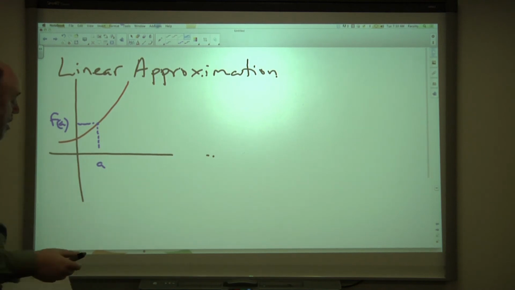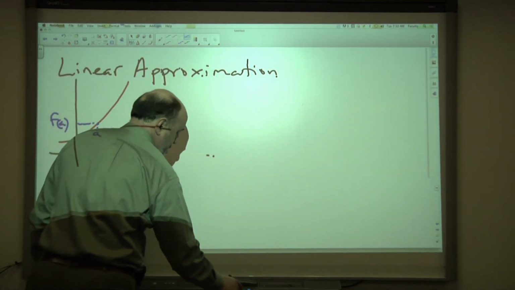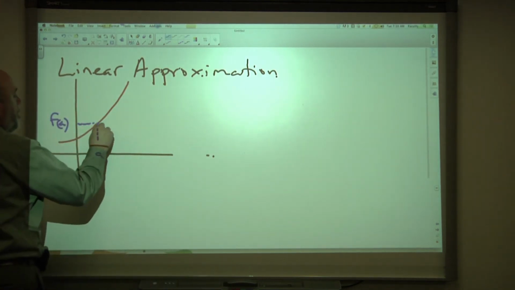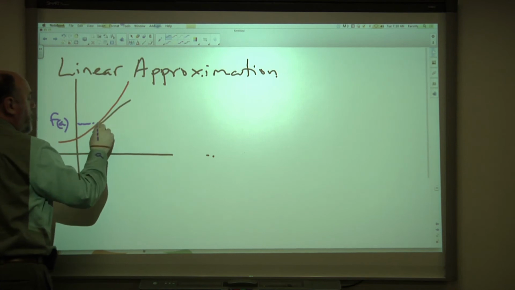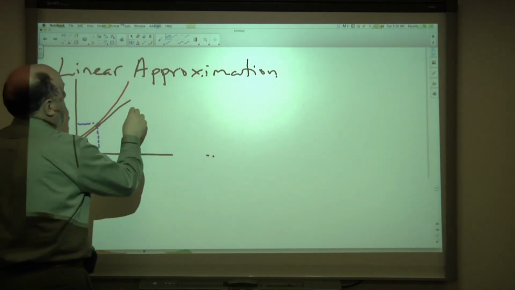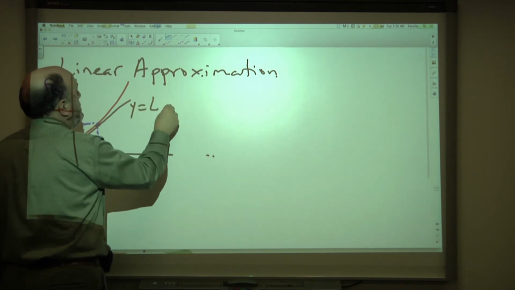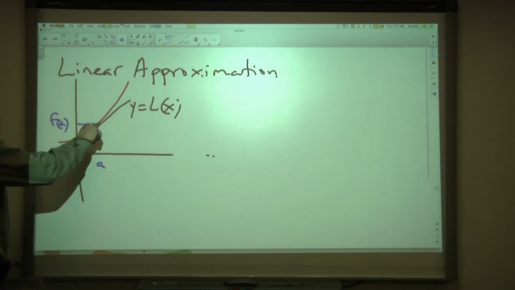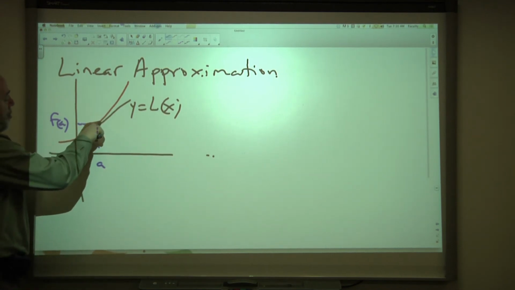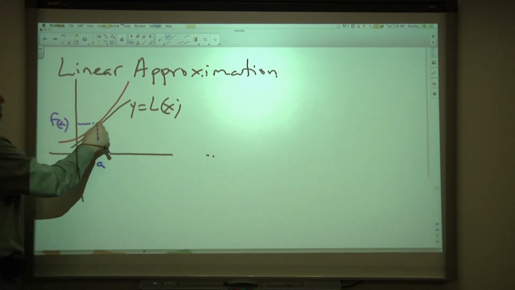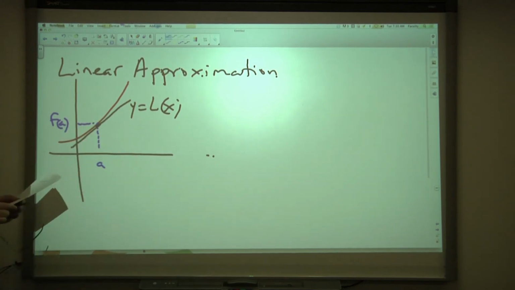If I have the tangent line to this point, and we have y equals L of x. Well, this tangent line gives me a pretty close approximation as to what's going on in that curve over a very small range of A.